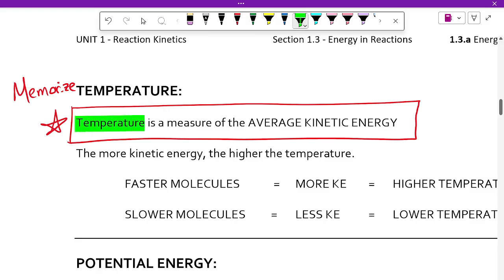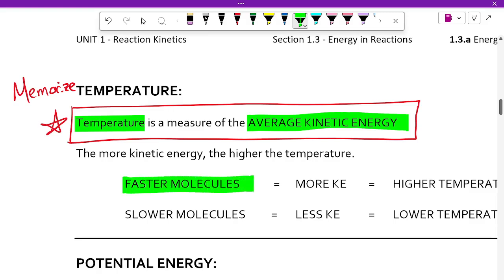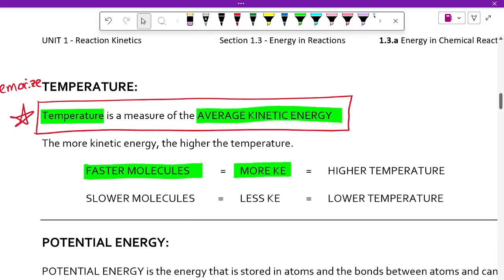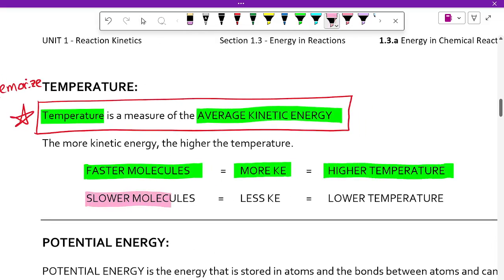If you have faster molecules, you have more kinetic energy, and that's going to be a higher temperature. If you have slower molecules, you will have less kinetic energy, which means you have a lower temperature. So that's kinetic energy in a nutshell.